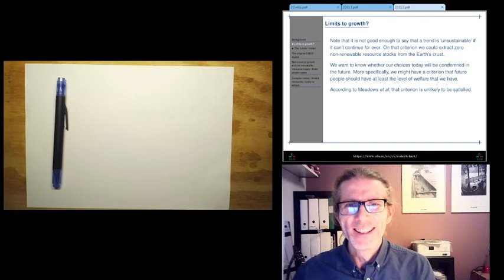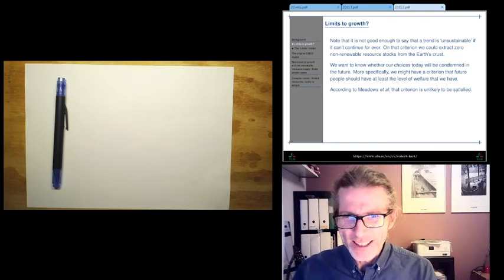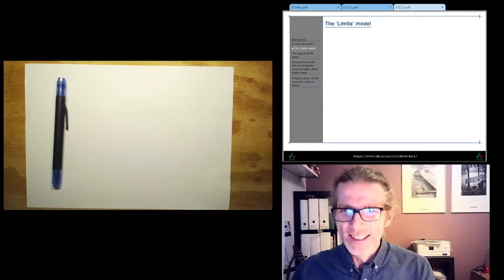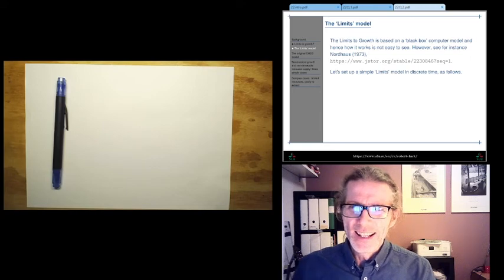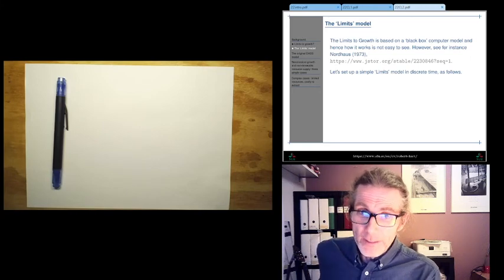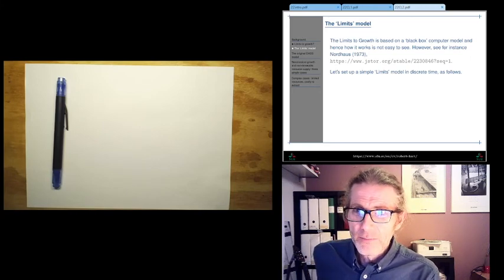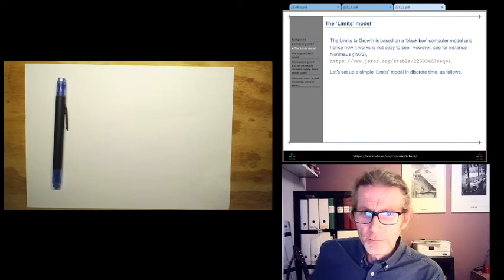Okay, so on what basis did they draw that conclusion? Well, let's have a quick look at their model. It turns out it's a bit of a black box model, okay? So it's not easy to see how it actually works. But there are papers describing it and analyzing it, critical papers like Nordhaus 73, you can have a look at that.